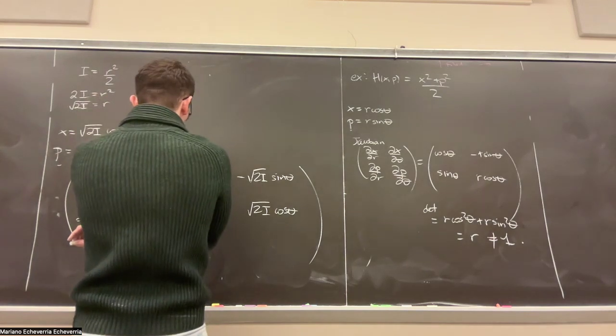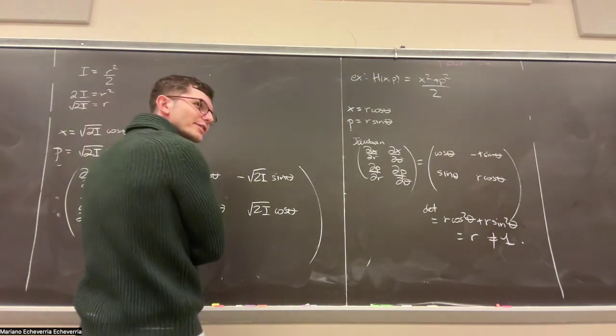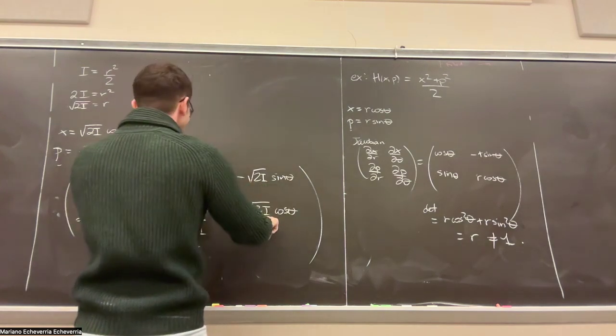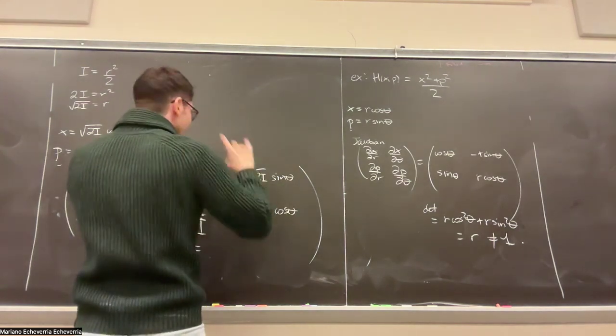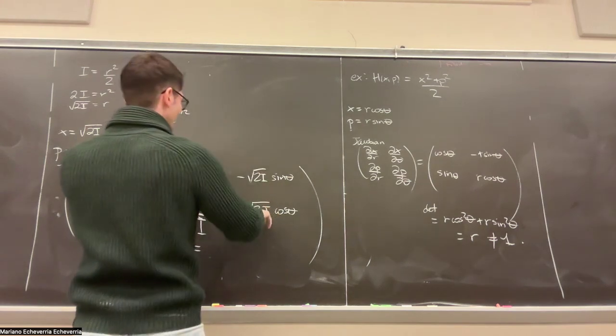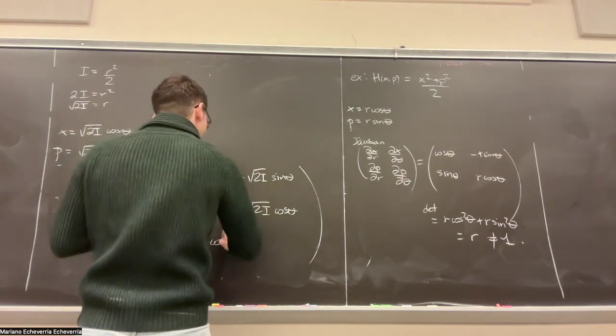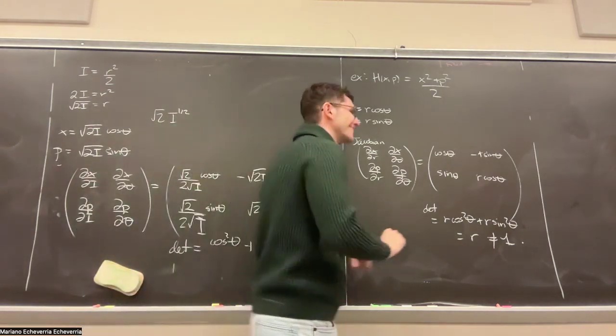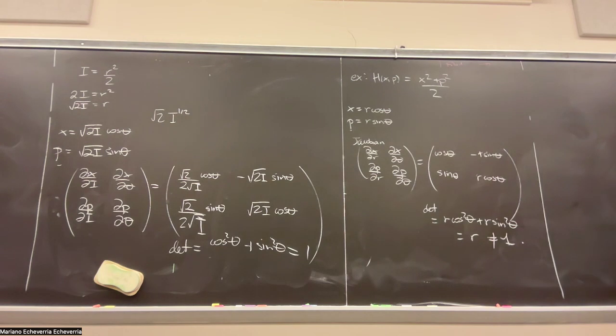Oh yes, I feel so stupid now. The point is that the factors of root of I cancel, so it just gives you cosine squared plus sine squared. Perfect, thanks. So this one was canonical.